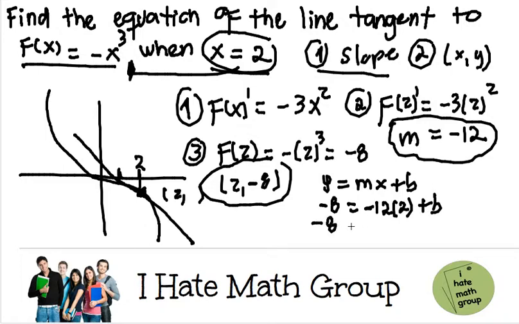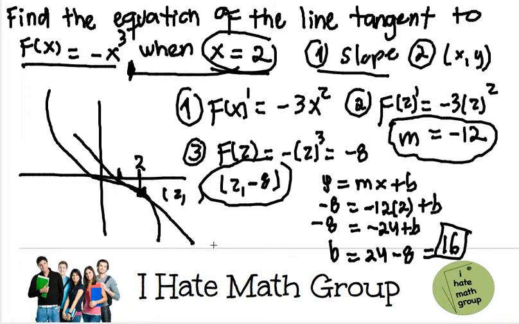So negative 8 equals negative 24 plus b. Then I pass the 24 to the other side, and I get that b is equal to 24 minus 8, which is 16. And my equation of the line finally, look at this, I have the slope and I have the y-intercept. My final answer is y equals negative 12x plus 16.